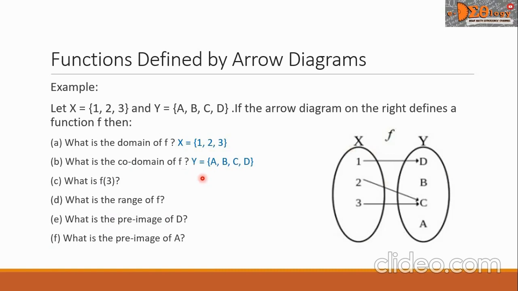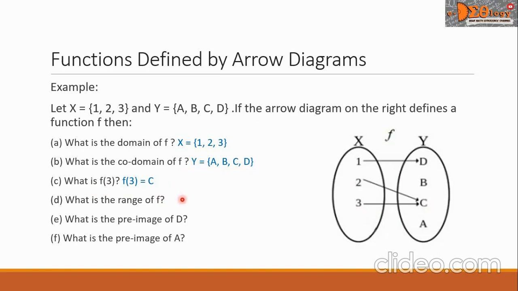The codomain is the set y. The second set, whose elements are A, B, C, and D. Let's have question C. What is f of 3? The f of 3 is C, and that is our answer here.